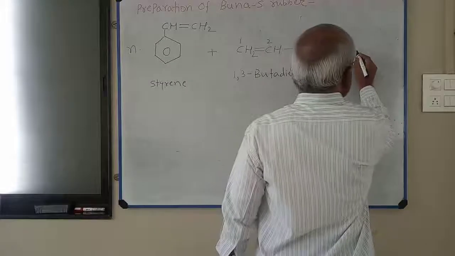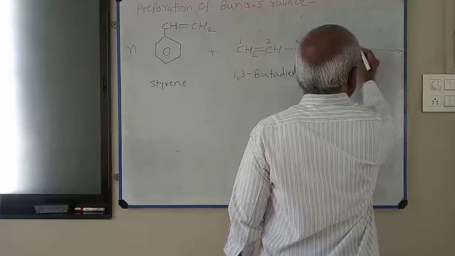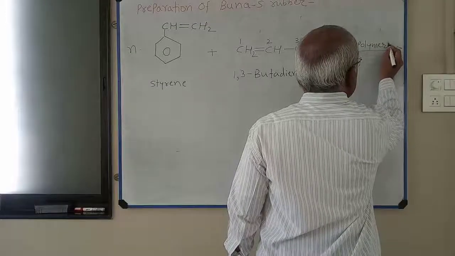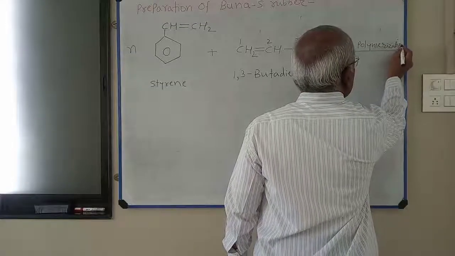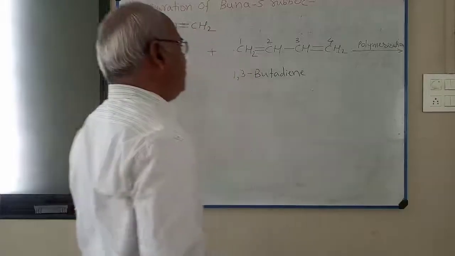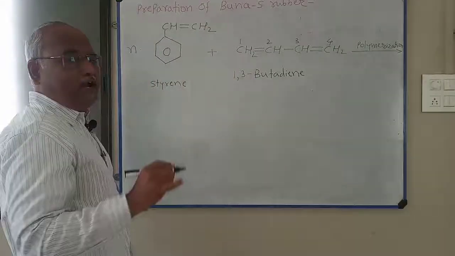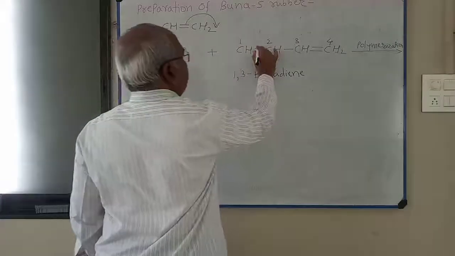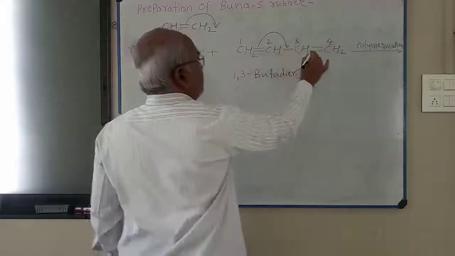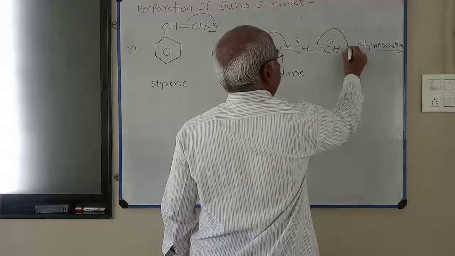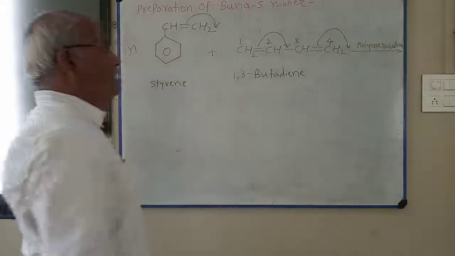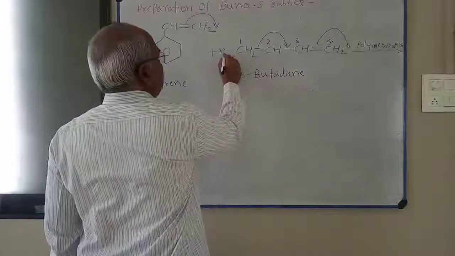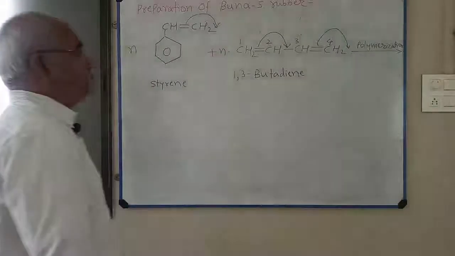It undergoes polymerization. Look here, how to write polymer. Shift this pi bond here, this pi bond here, and this pi bond here, and write polymer. Take N molecules of monomer.